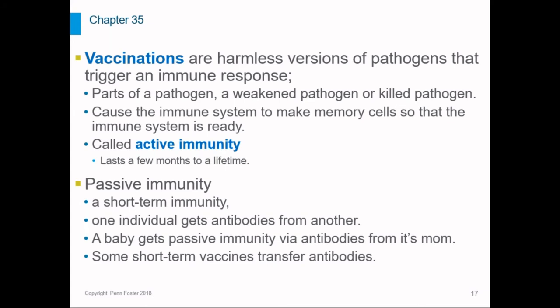It's when one individual gets antibodies from another individual. So passive immunity happens naturally when a baby gets those antibodies from its mother. And there's also some short-term vaccines that just transfer the antibodies. So that would be passive immunity.